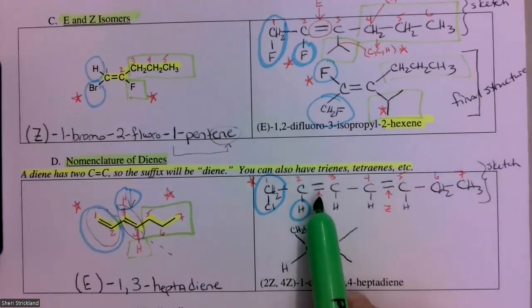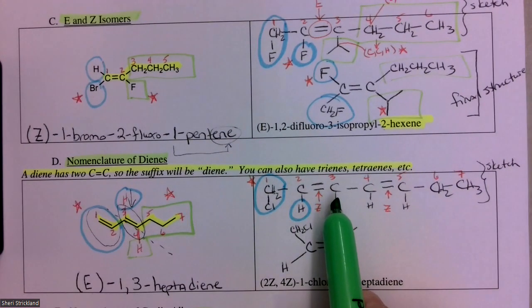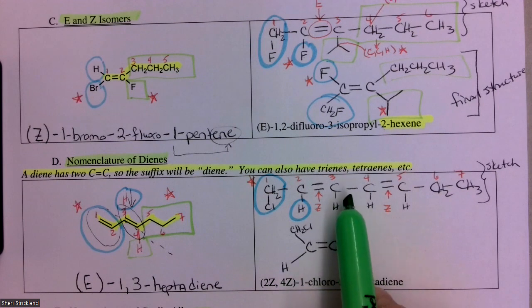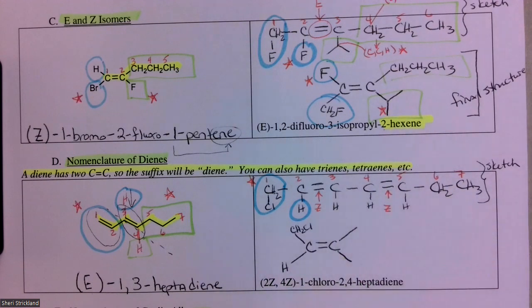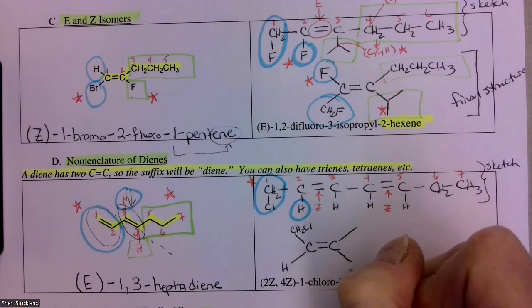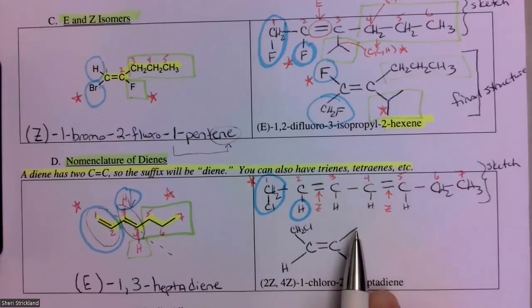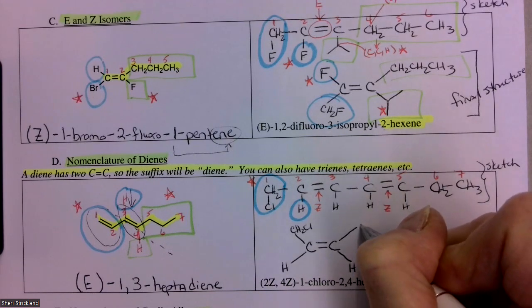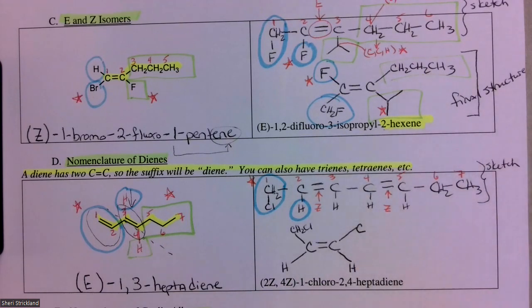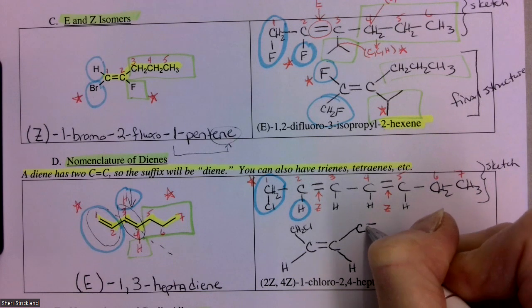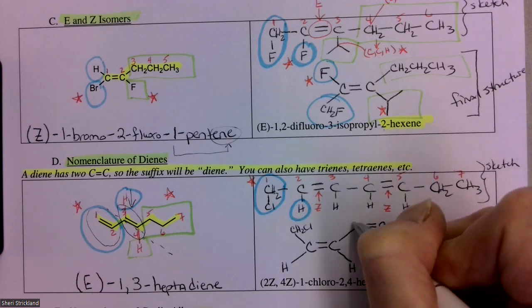So if you look at what's attached to the right-hand sp2 carbon, there's a hydrogen and the rest of this. So the hydrogen is going to go down here so that the rest of the molecule goes up here. So we've got a carbon there, but this carbon is itself involved in a carbon-carbon double bond.